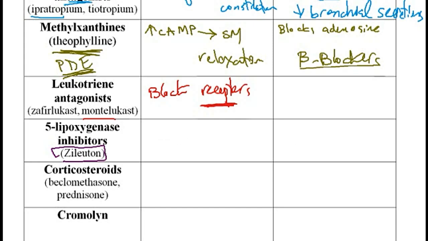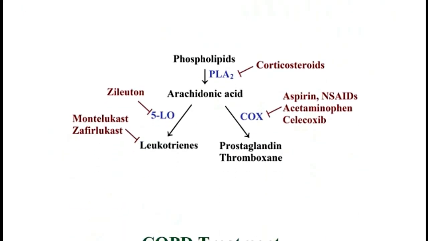So here, let me show you the pathway. So we have here the phospholipids, which will be first converted to arachidonic acid via the phospholipase A2 enzymes, and then arachidonic acid via the cyclooxygenase will be converted to prostaglandin and thromboxane, and the medications that stop cyclooxygenase are used for pain as well as the control of fever and inflammation, and these will be discussed in a separate video.